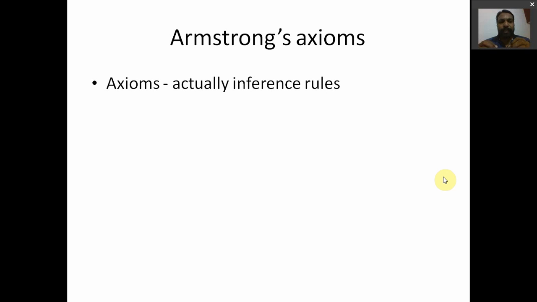Here the given facts are a set of functional dependencies F, and from that F we apply Armstrong's inference rules and try to infer new functional dependencies. So these are rules to infer new functional dependencies from that F. We will see them one by one.